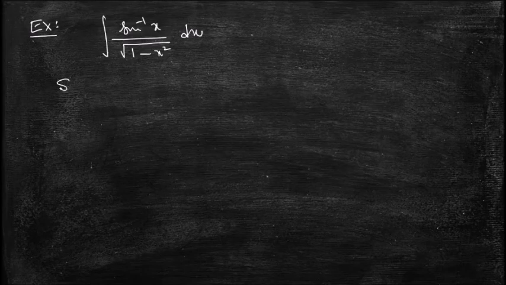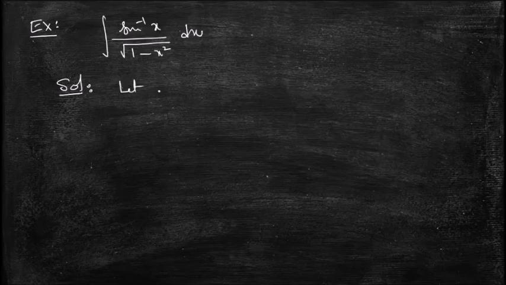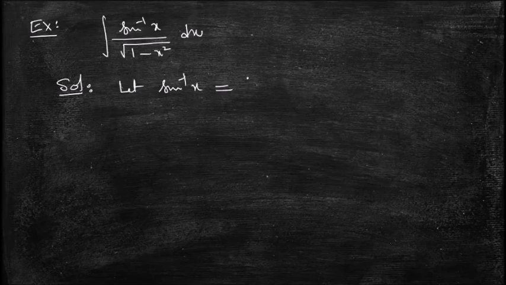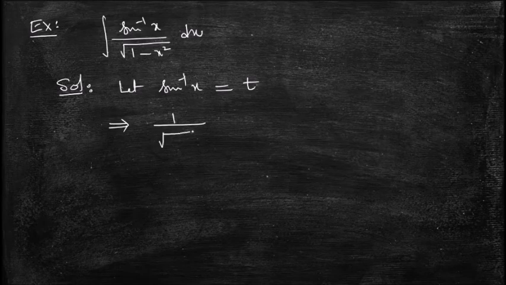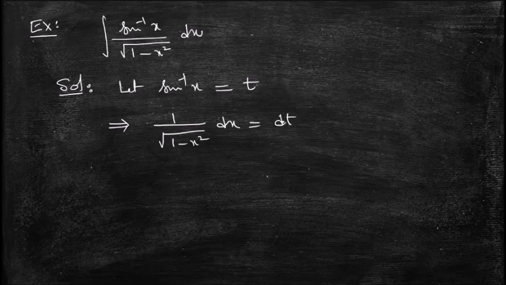So I'm considering like this. Let sine inverse x is equal to t. On differentiating this, 1 by under root of 1 minus x square dx is equal to dt.